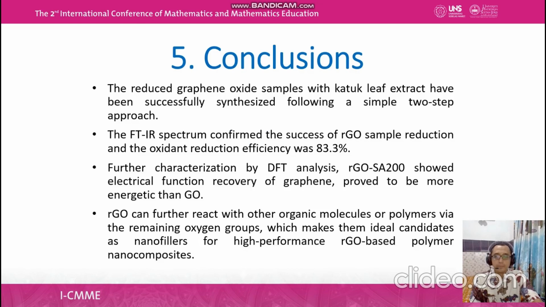Conclusion: the reduced graphene oxide sample with Katuk leaf extract has been successfully synthesized following a simple two-step approach. Next, the FTIR spectrum confirmed the success of RGO sample reduction, and the reduction efficiency was 83.3%.